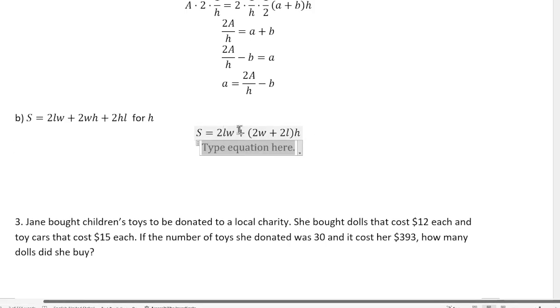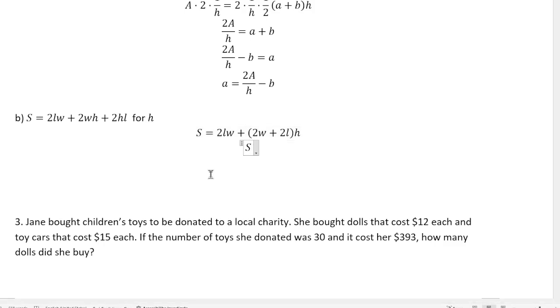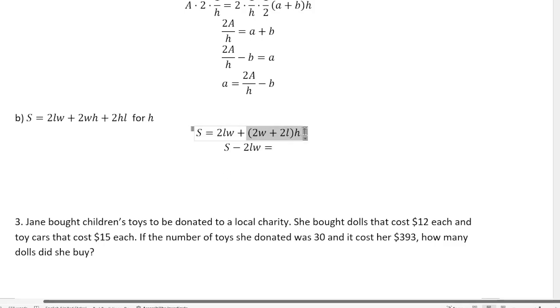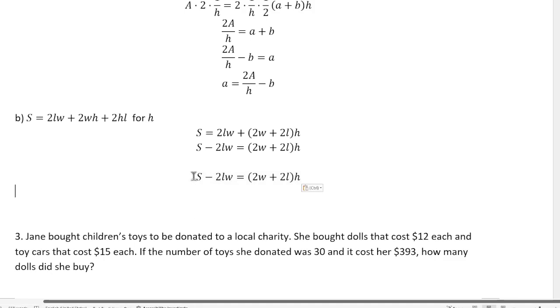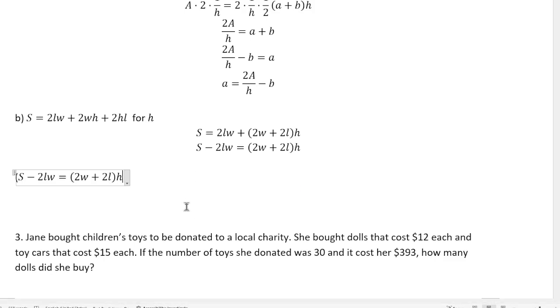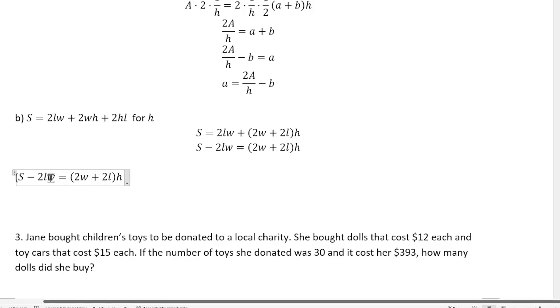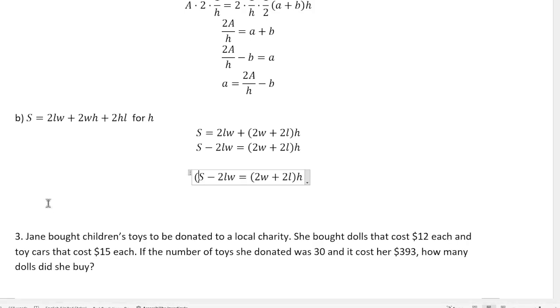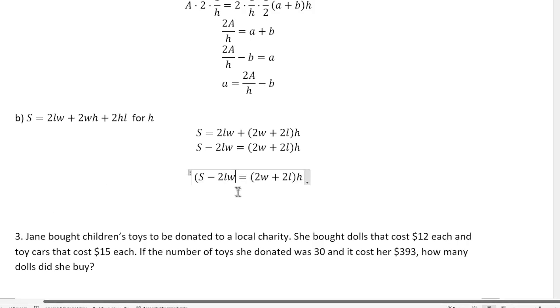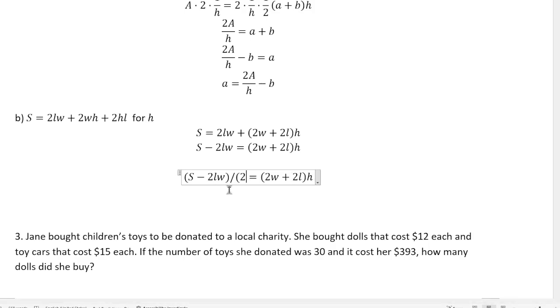First, let's move the 2lw to the other side, so it's s minus 2lw. And you have this. And then now we're going to divide the entire thing by 2w plus 2l.